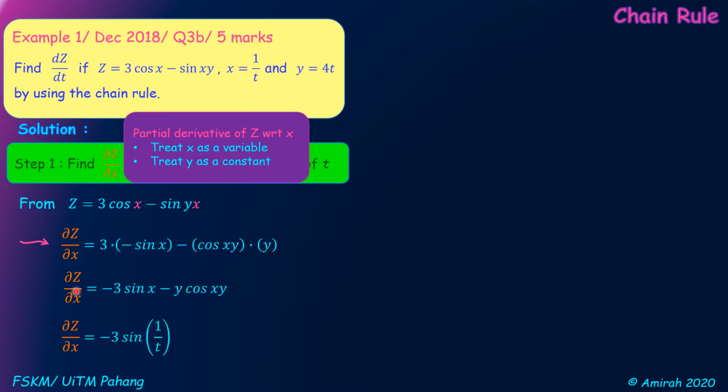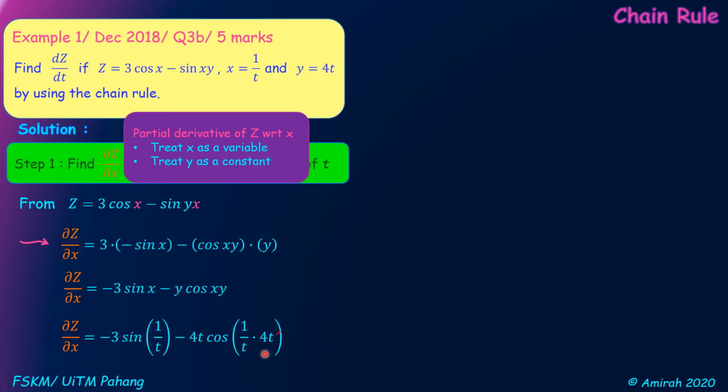Now we have found del z over del x, but after that we need to write it in terms of t. So from here, x, we replace by 1 over t, and y, we replace by 4t.